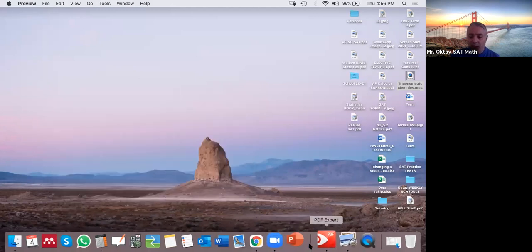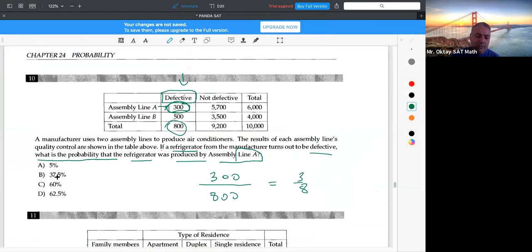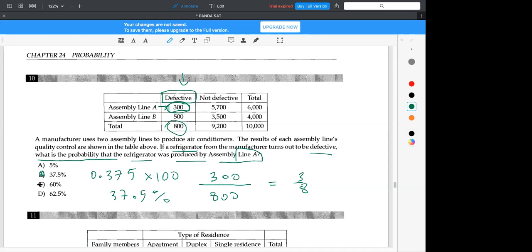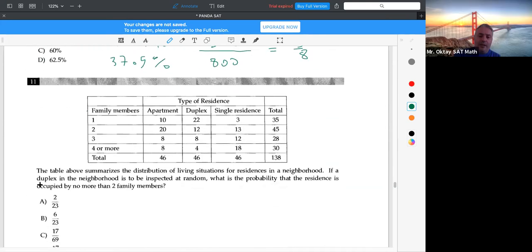Let's check. 0.375 means if I multiply by 100, 37.5%, which means the answer is B. Is this okay? Have a look, please. Yes, sir, absolutely. Okay, now let's go.